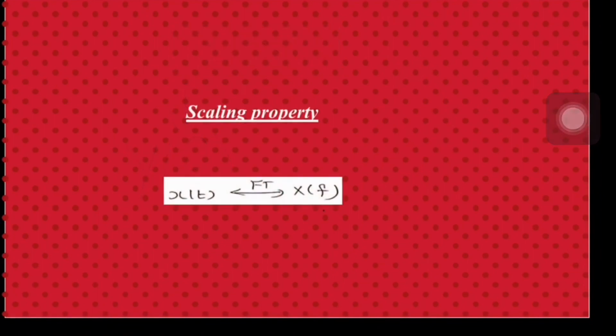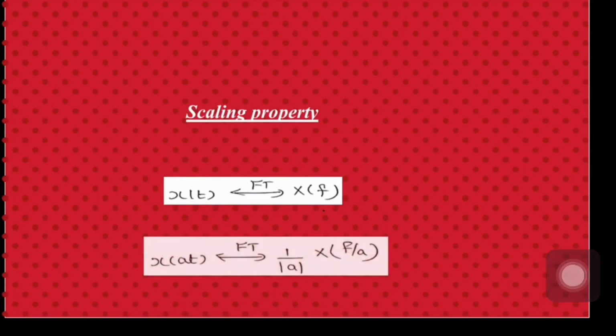First, we are going to focus on the scaling property. According to this property, if X of f is the Fourier transform of x of t, then the Fourier transform of x of at would be 1 by mod a times X of f by a.